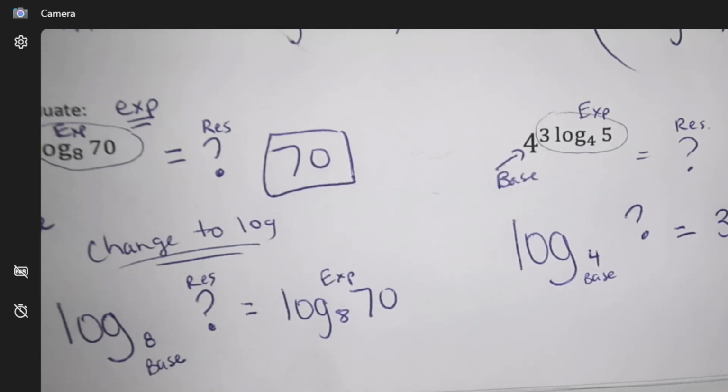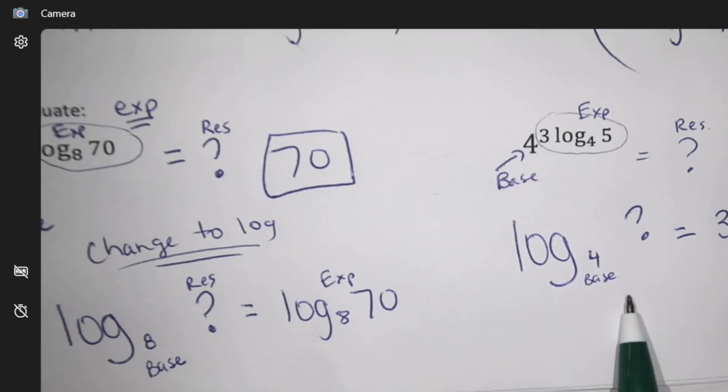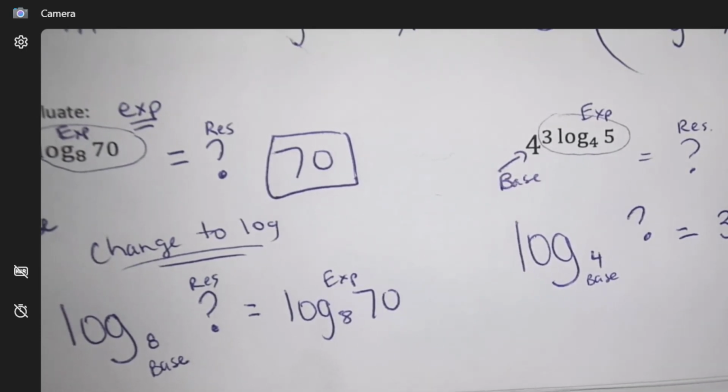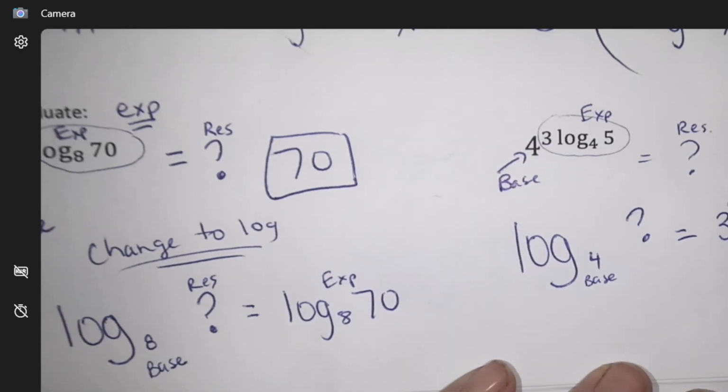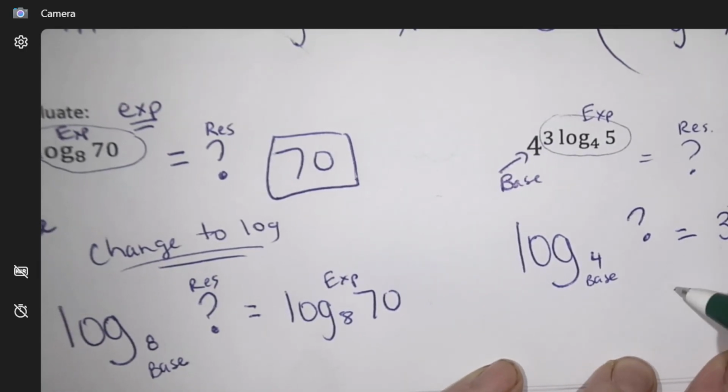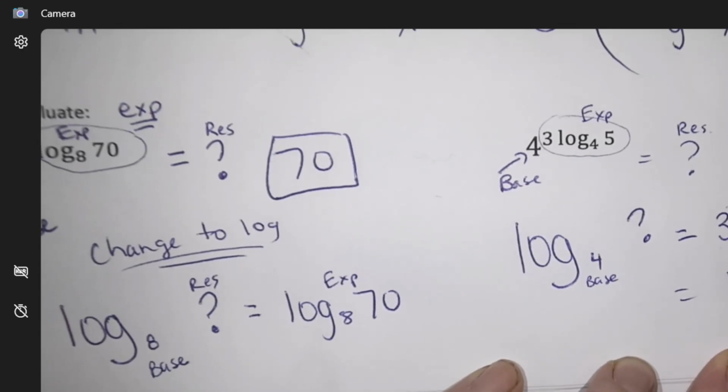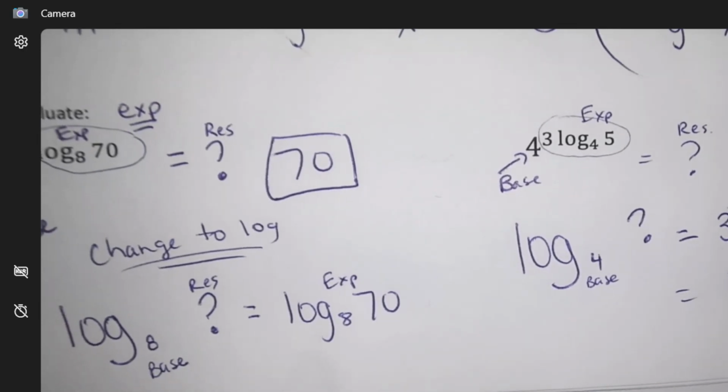Okay, we can't conclude what we did before because this is log 4 something, this is 3 log 4 something. So I need them to start the same. We just learned a rule. If you have a multiplier like this, what else could you do with it? You could move a multiplier to be the exponent.